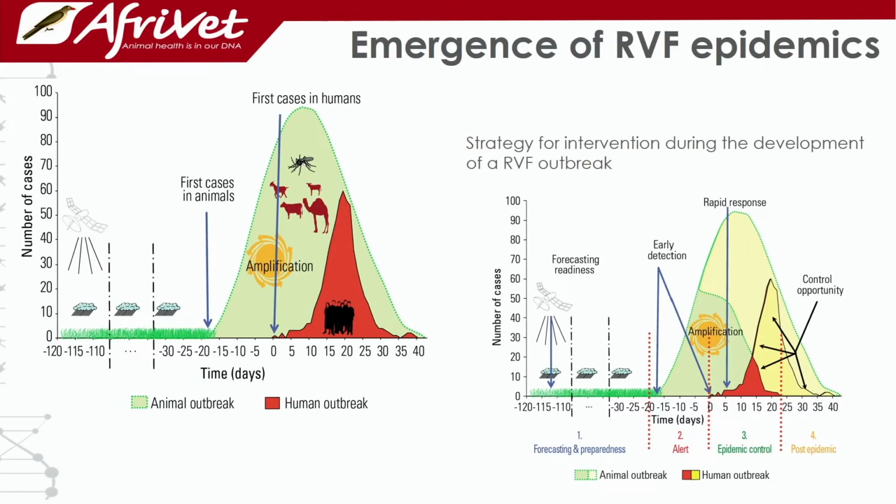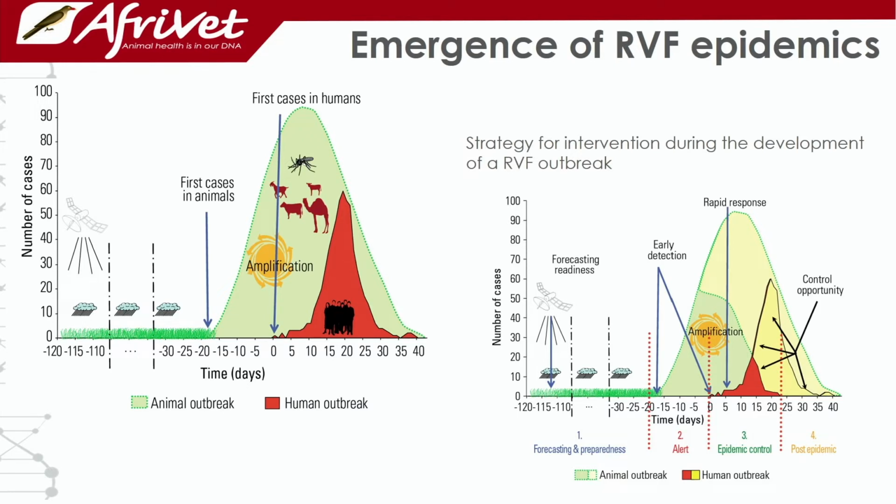Now, if you look at the cycle of the disease, what happens from when we are in the inter-epidemic period? Over the past few years, a number of ecologists, environmental agencies and climatologists have been able to predict at least 3 months in advance when there is a series of events that could lead to an outbreak.